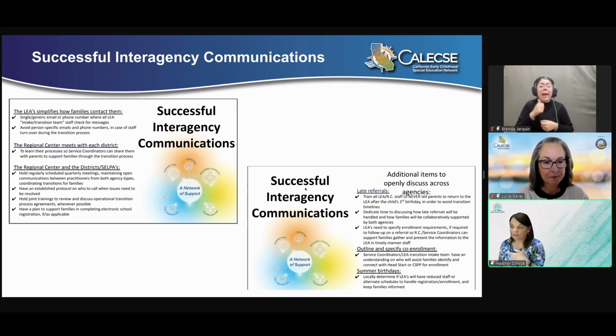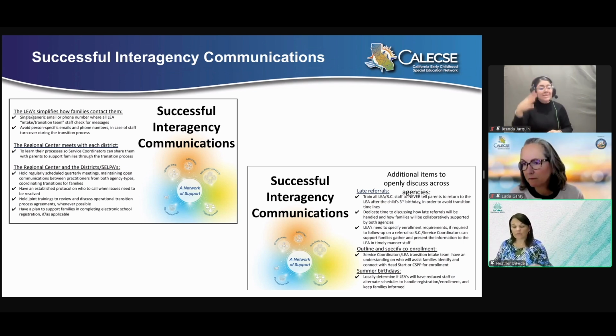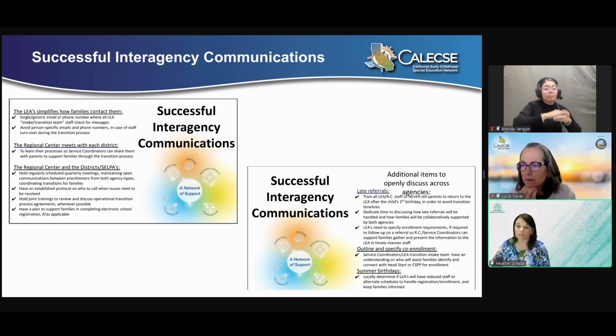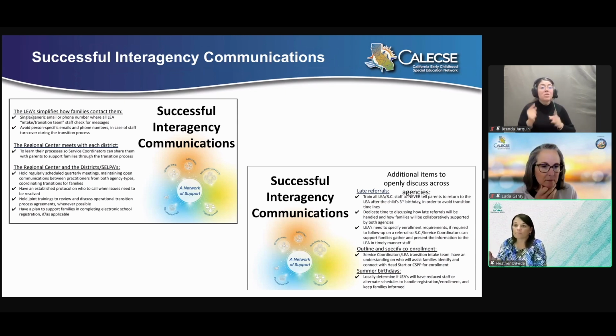We've talked a lot internally about how to help parents as they are leaving Part C and completing those registrations. A lot of our districts have moved to online registration. So we talk about, at the transition meeting, can somebody bring a computer and help the parent understand what's going to be expected? Do we have a one-page document that lists the documents the parent is going to need to have? All of those pieces.